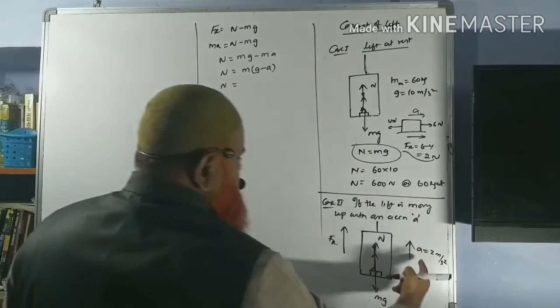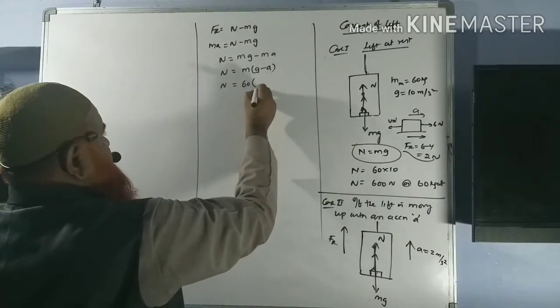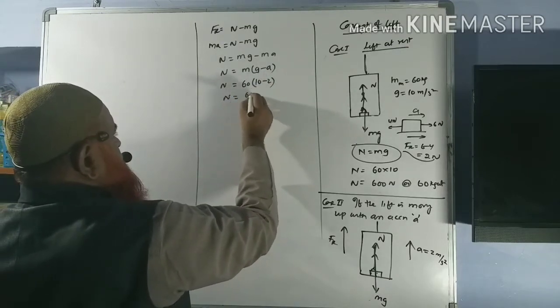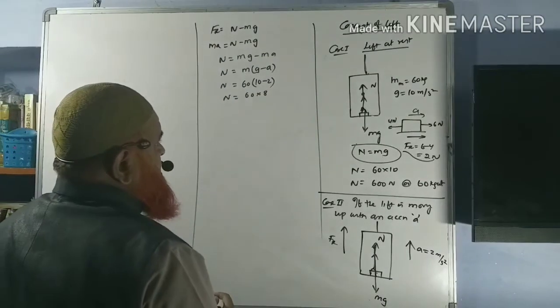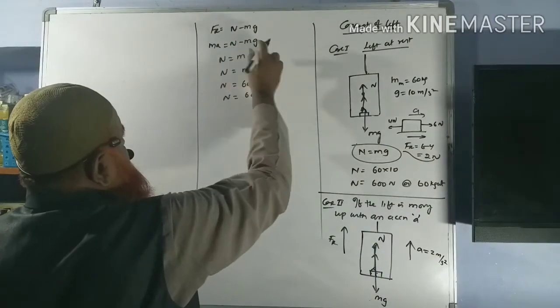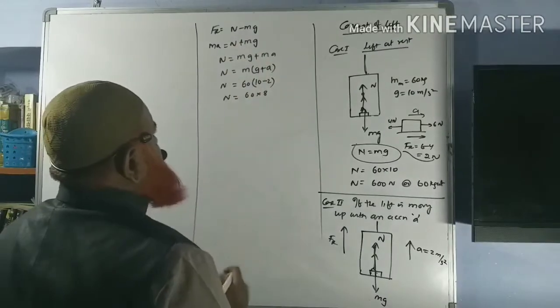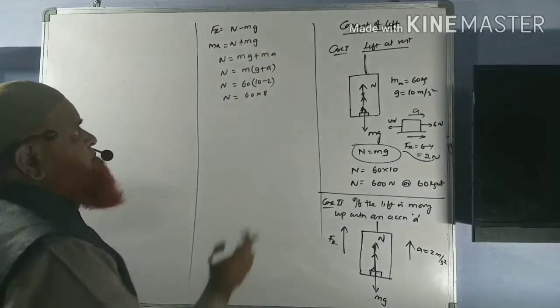Just now I told you that a body is moving upward with an acceleration of 2 meters per second square. So Fr is equal to N minus mg, ma is equal to N minus mg.